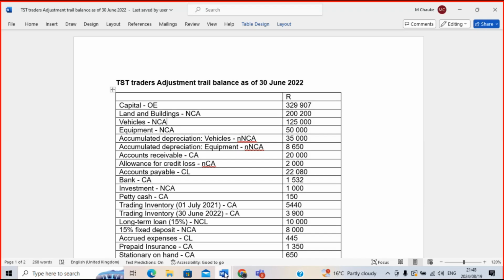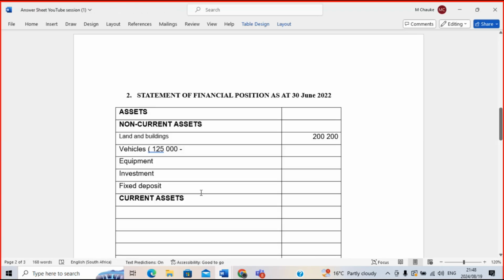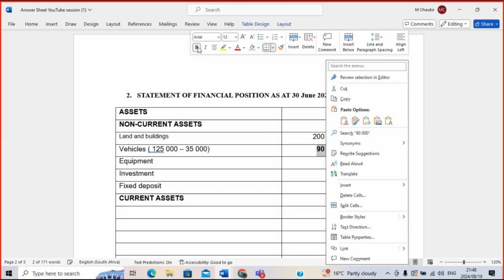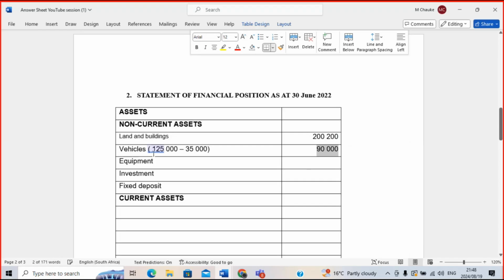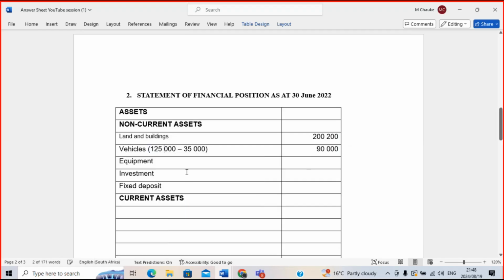I hope you guys are following. So how much is the amount for vehicles there? Please comment quickly. I got 90,000, and I hope you are all getting that 90,000.